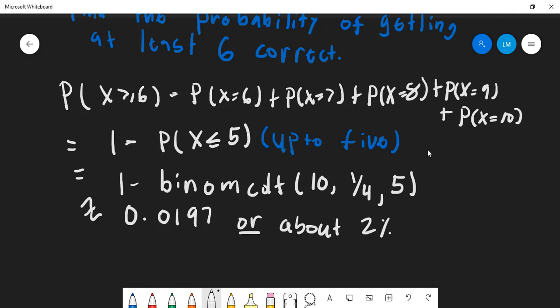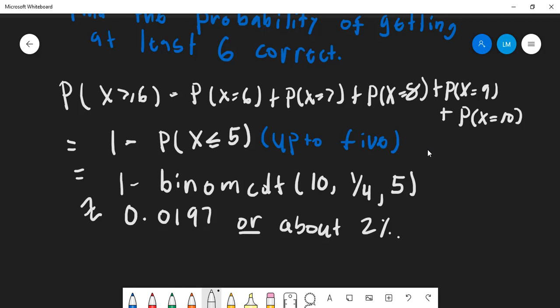Okay, so that's actually pretty interesting, given that it's telling you that you have a really low chance of passing a quiz if you're purely guessing. So in that sense, if you look at it like this, the probability of not passing this quiz is 98%, and that's not very good.